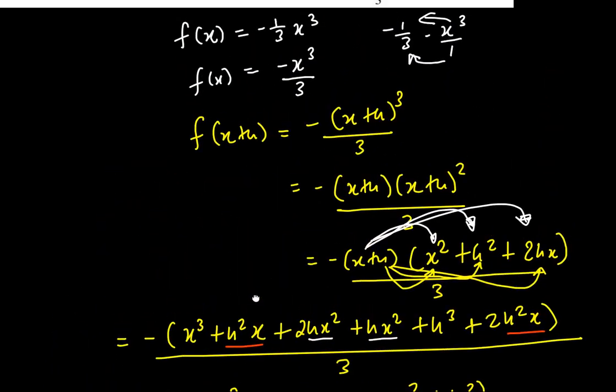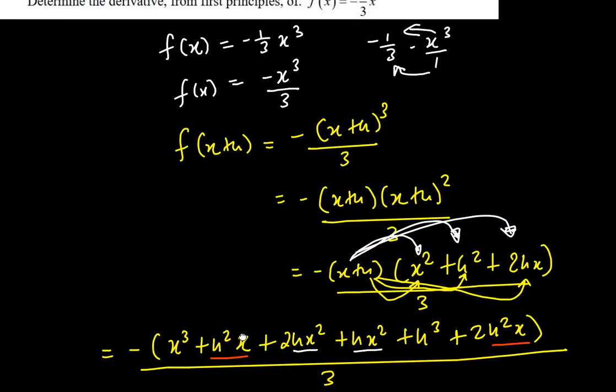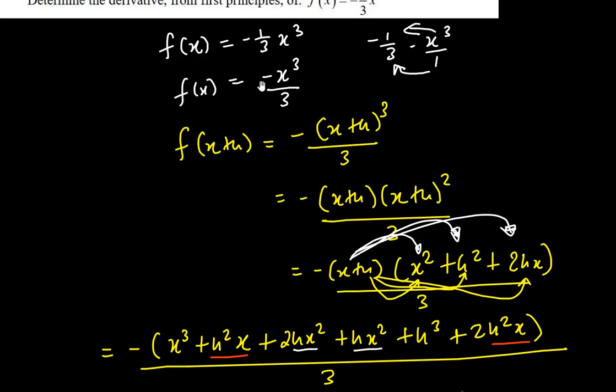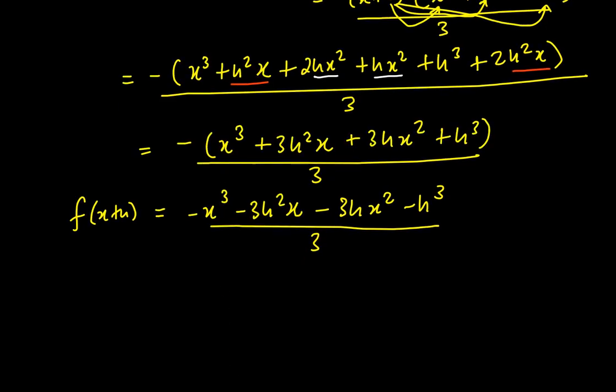Let's go back and remember, we started here and then we simplified it to there. Our f of x is equal to negative x cubed over 3.